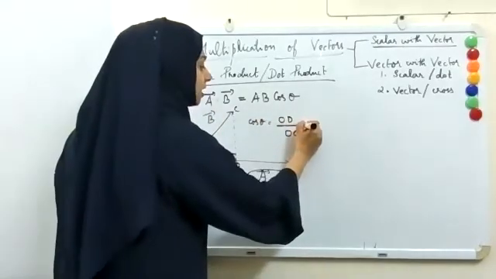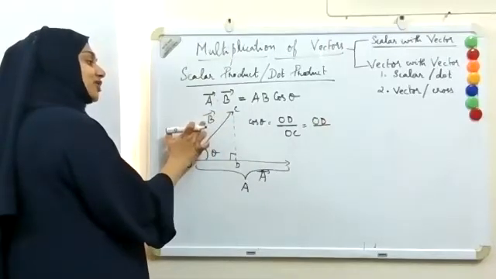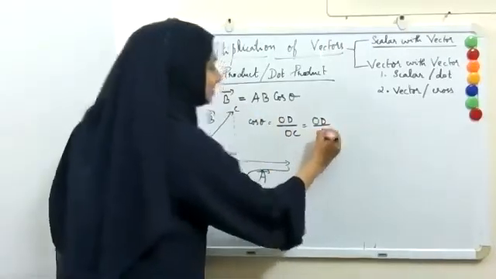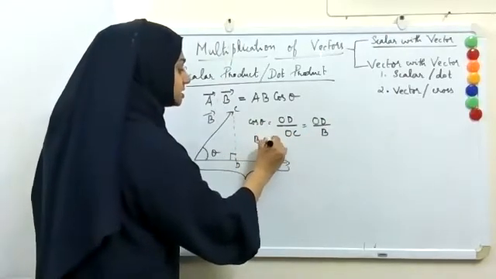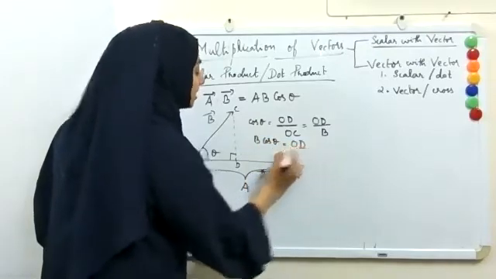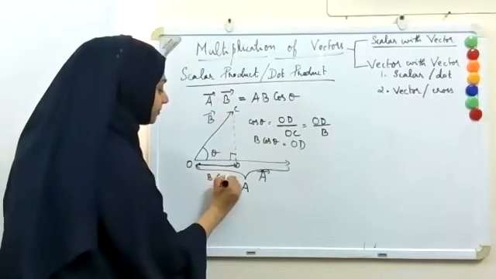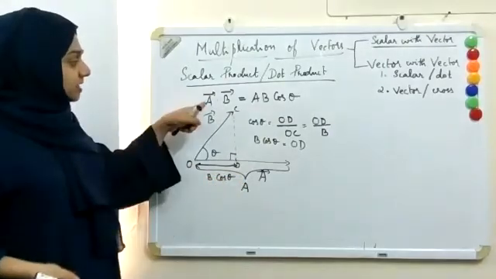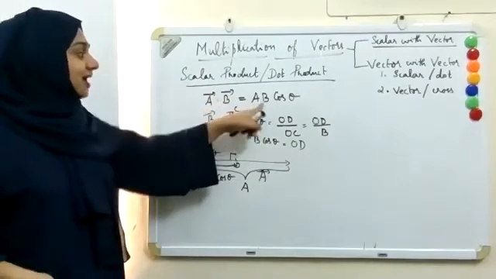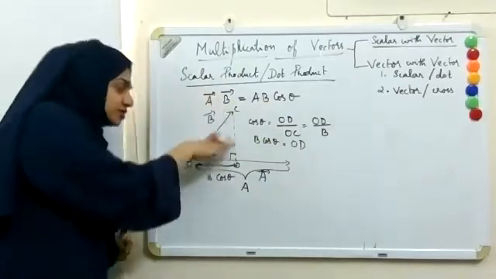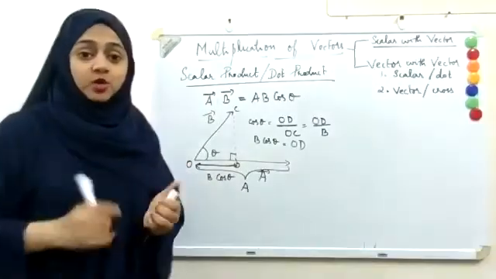But we know that this is equal to OD divided by what is OC? Magnitude of this vector B, right? So B cos theta, what is B cos theta? B cos theta is equal to OD, which means this distance is B cos theta. So the scalar product or dot product is magnitude of one vector times, you call this the projection of B over A. Why it is called the projection of B over A?